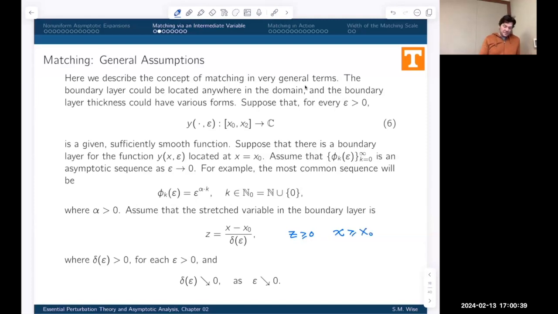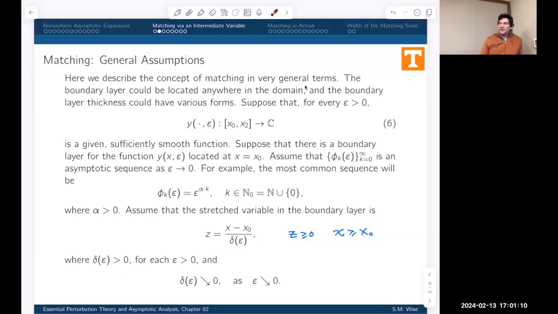Okay, so that's just near the boundary layer, but equal to the boundary layer and just above it. That's how you should think about this. Okay, so z is always going to be a positive coordinate. Delta of epsilon is some function of epsilon that we have to determine according to the problem. So remember, this was determined by a dominant balance in chapter 1. And we found out, oh, this has to be epsilon.